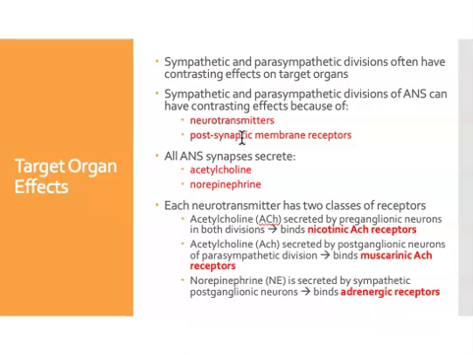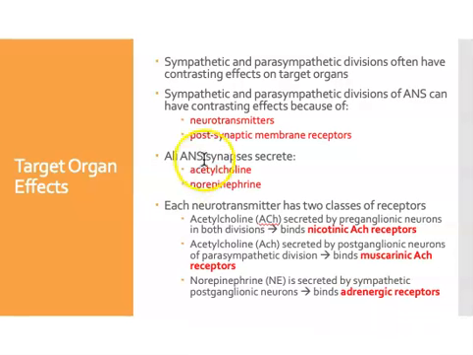We said some of those are ionotropic and some are metabotropic. And that distinction is going to be important in the autonomic nervous system. So at all autonomic nervous system synapses, everywhere that the preganglionic axon is synapsing with the postganglionic neuron, we're going to see either acetylcholine or norepinephrine as the neurotransmitter.